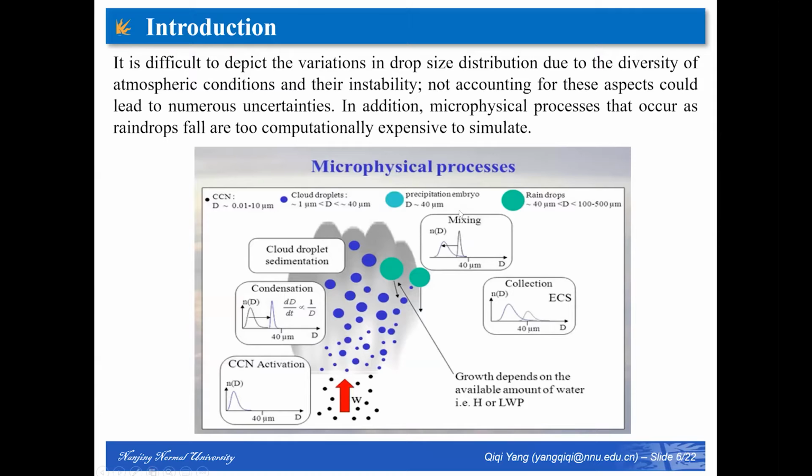However, it is difficult to depict the variation in raindrop size distribution due to the diversity of atmospheric conditions and their instability. In addition, microphysics processes that occur as raindrops fall are too expensive to simulate.